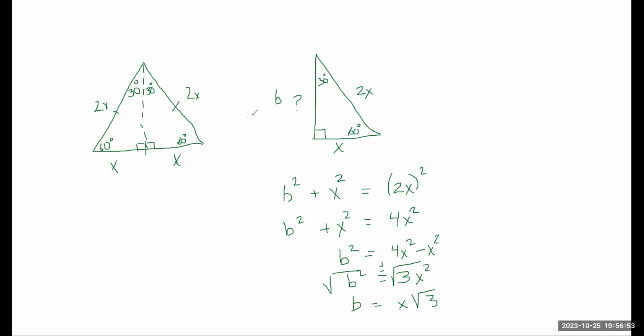This length, this longer leg, has a very special relationship to the short leg. So let me go ahead and erase my B for a moment. Erase my question mark. So if you turn to the last page of your notes, because you know I want to burst into song.